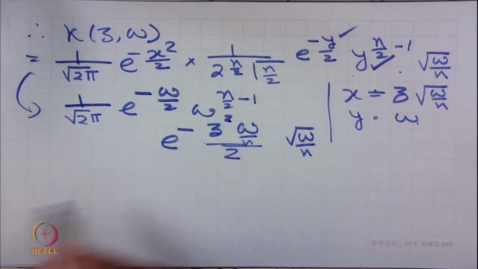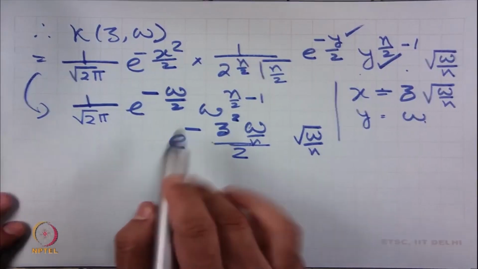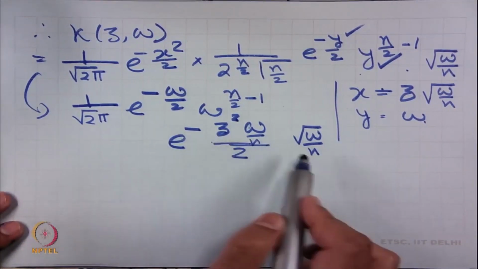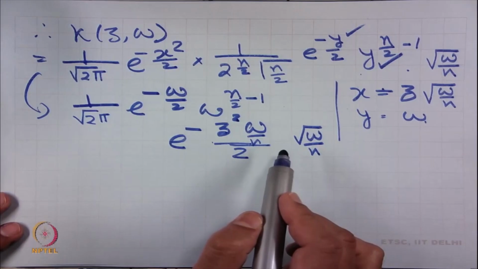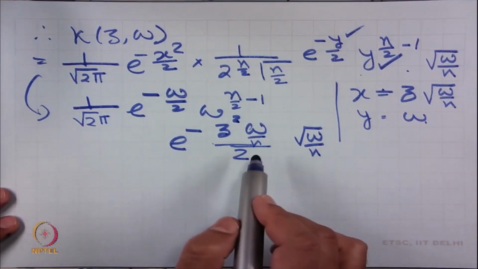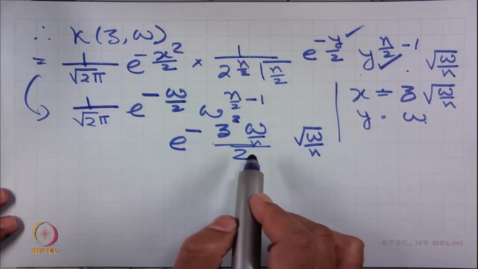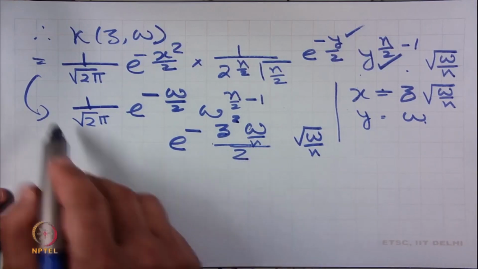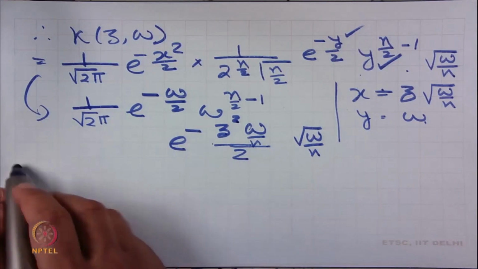So, this is a slightly complicated expression, but I am doing this for you to understand the trick of obtaining the PDF of a function of two random variables.